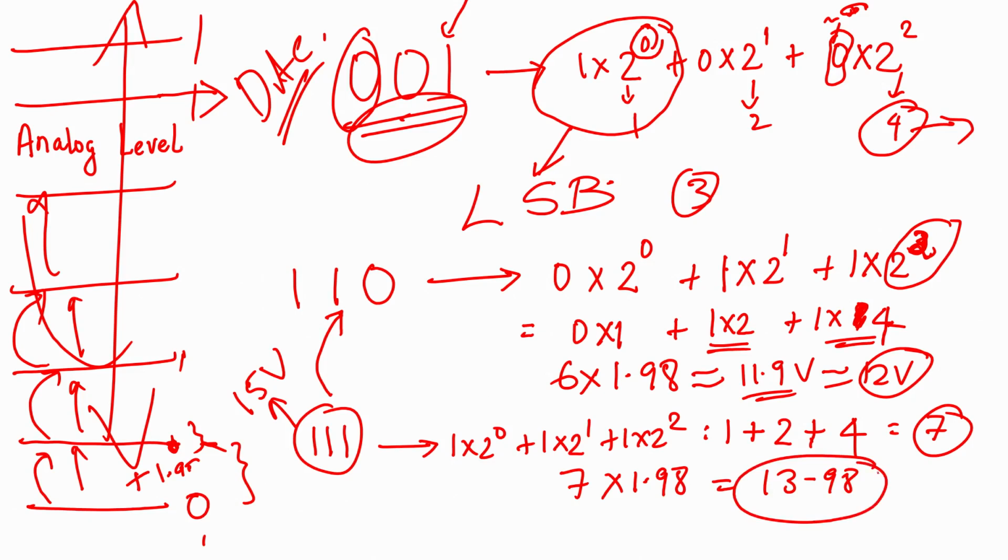So till there only. Whatever is above that value up to 15 volt, because we have seen this is quantization, would be 111, clear? So your highest analog level would be the base of anything above that, which will be 111 up to 15 volt, correct? So this is 13.98 volt, correct?